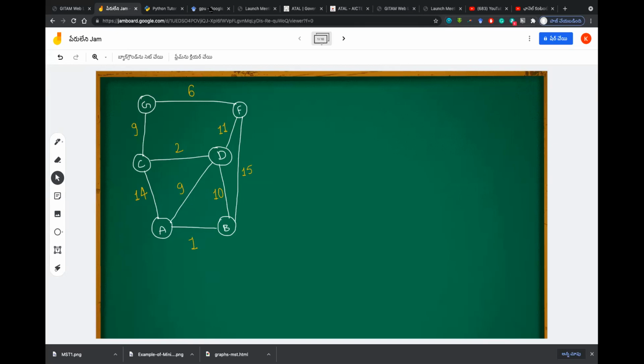So I will give you 5 to 10 minutes of time, or 5 minutes maybe. Let's see who will come up first. Draw a minimum spanning tree for this graph. Okay, that's the task for you. And I will see how you can draw that.